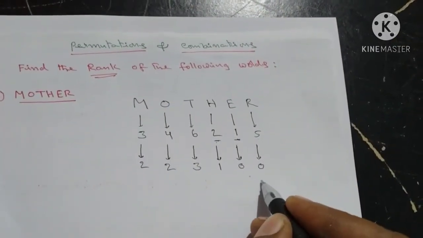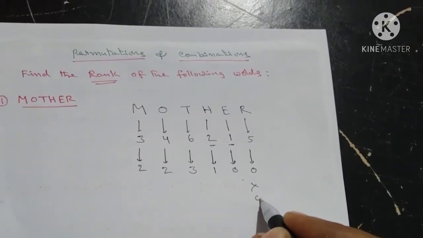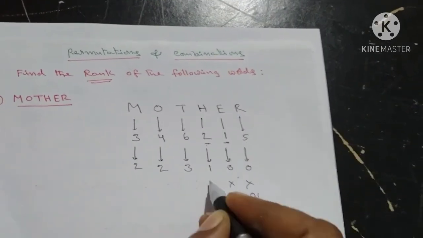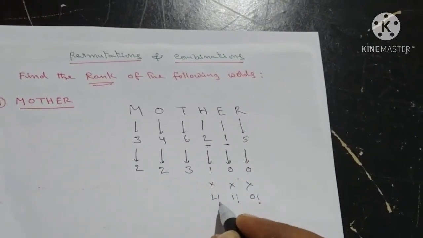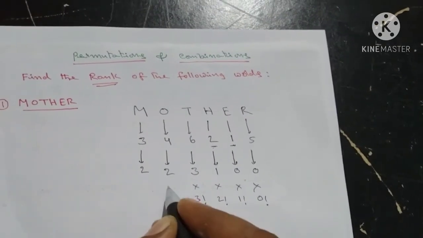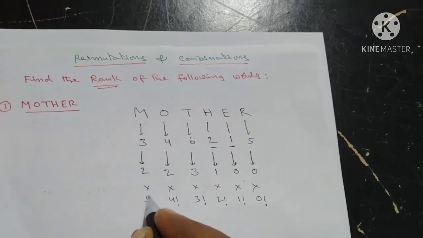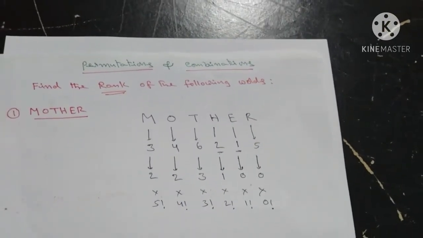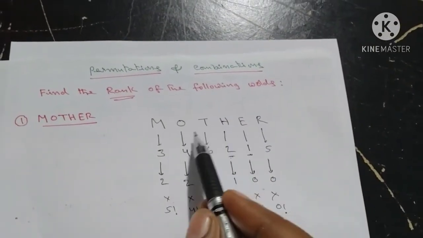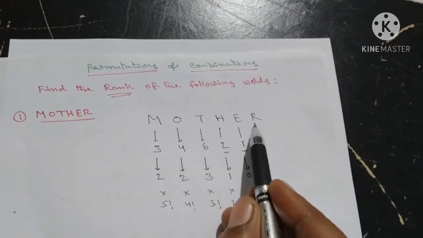Now, multiplying these values with 0 factorial, 1 factorial, 2 factorial, 3 factorial, 4 factorial, 5 factorial. Now, in the given word no letter is repeated. All the letters are dissimilar.